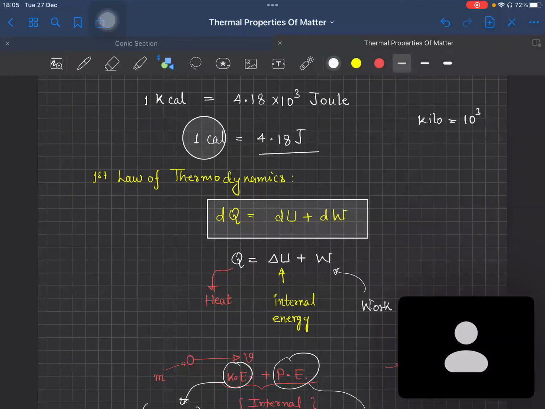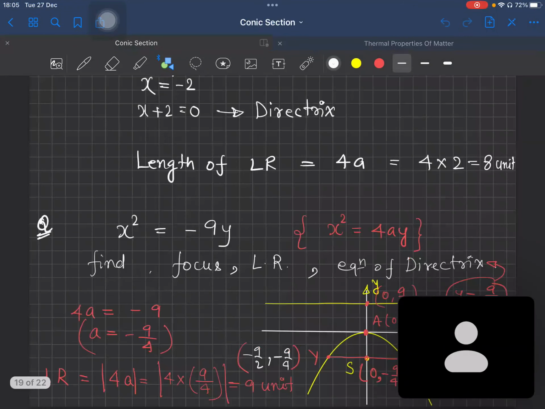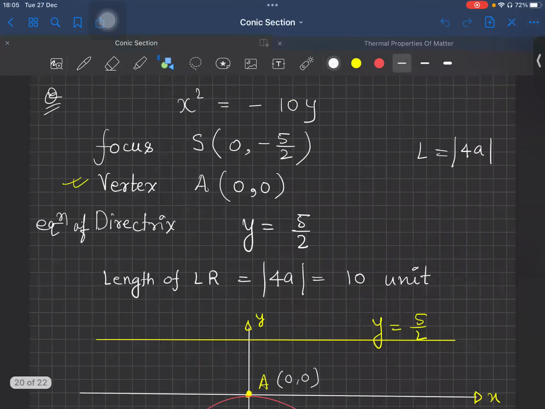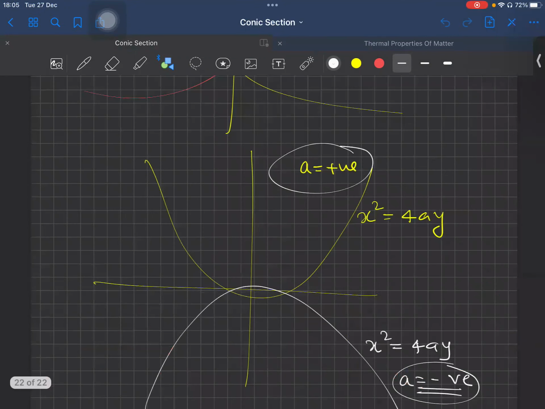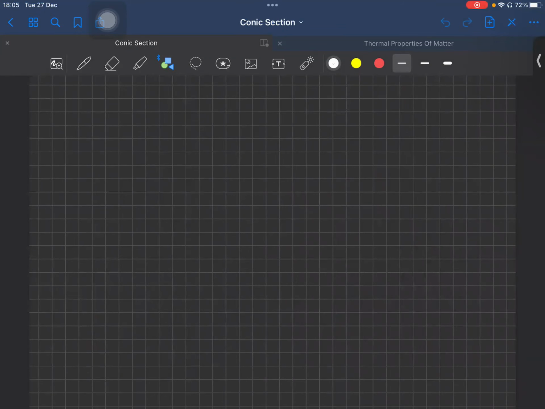Okay, so we were studying conic sections. Do you guys have any doubt in this conic section? Any problem or anything you know about parabola? See, in question number 12, everyone please try to solve.